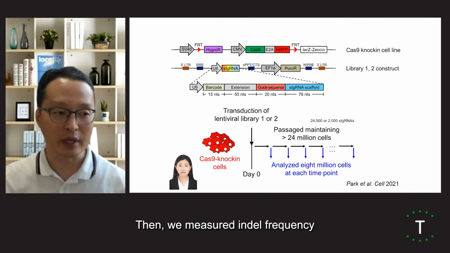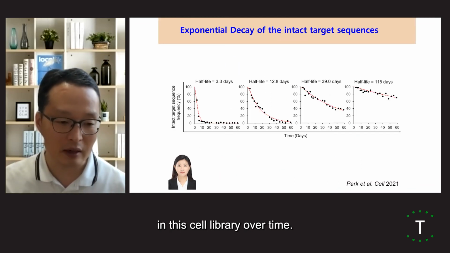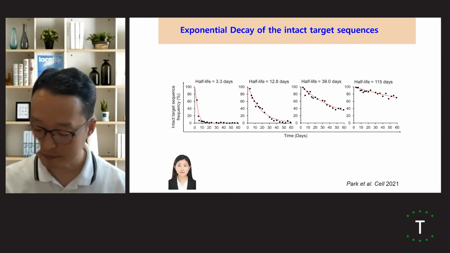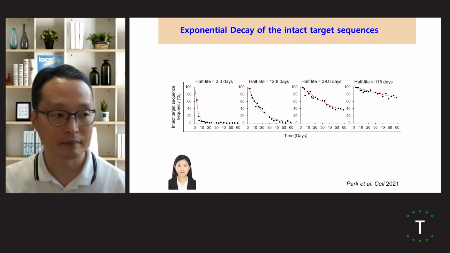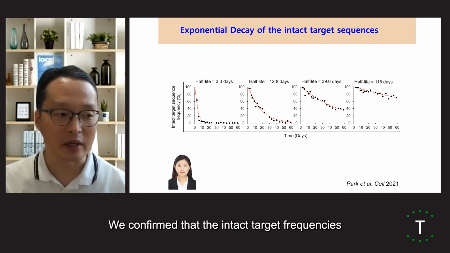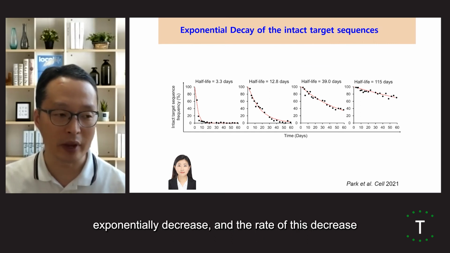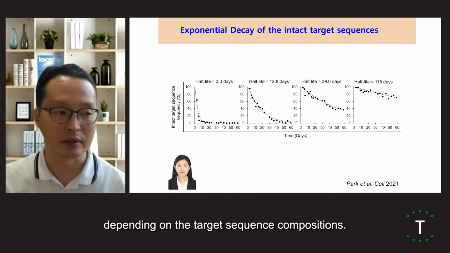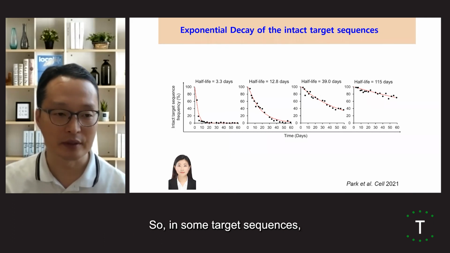Then we measured indel frequency in this cell library over time. We confirmed that the intact target frequencies exponentially decrease, and the rate of this decrease was different depending on the target sequence compositions.